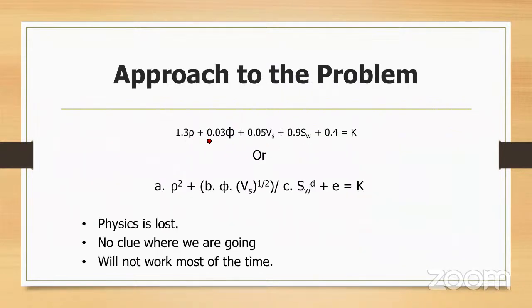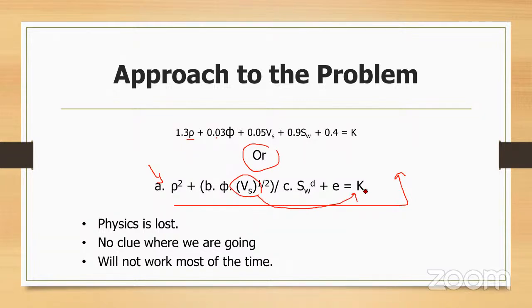Or you can have a nonlinear regression, based on your understanding of the problem. The problem is that with these complex problems, maybe there is no direct physics between the output and the input. For example, for the shear velocity, there is no straightforward physical relationship with the permeability that you can have in analytical form.